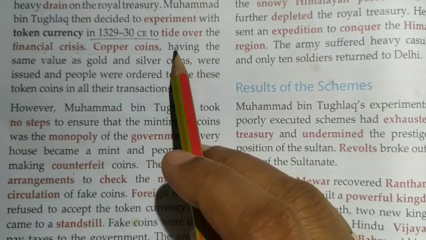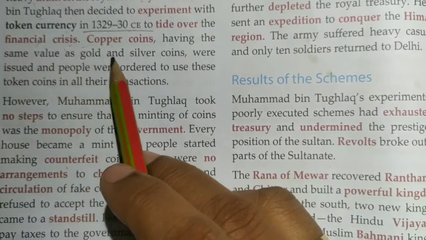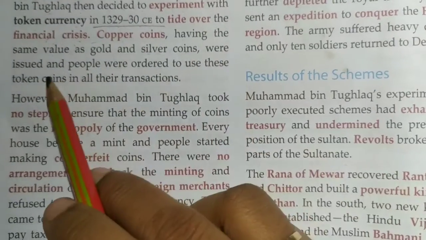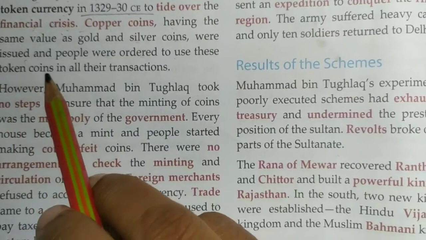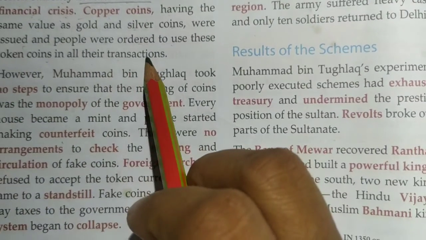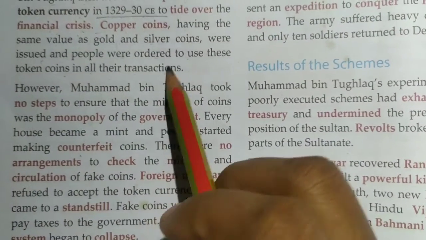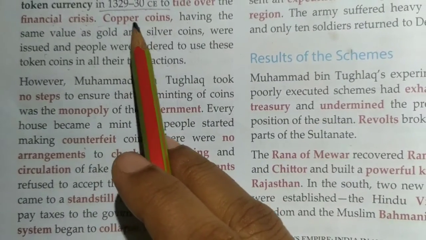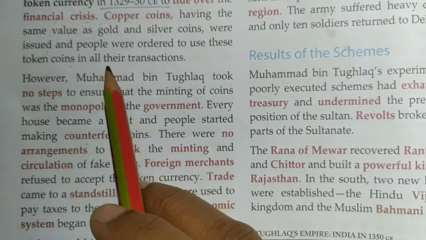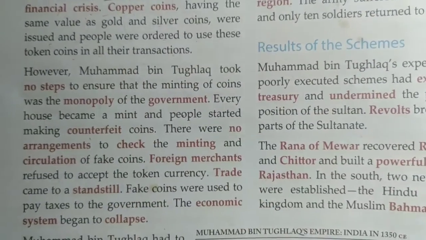Copper coins having the same value as gold and silver coins were issued, and people were ordered to use these token coins in all their transactions. So they were supposed to use copper coins as ordered for any of their transactions.